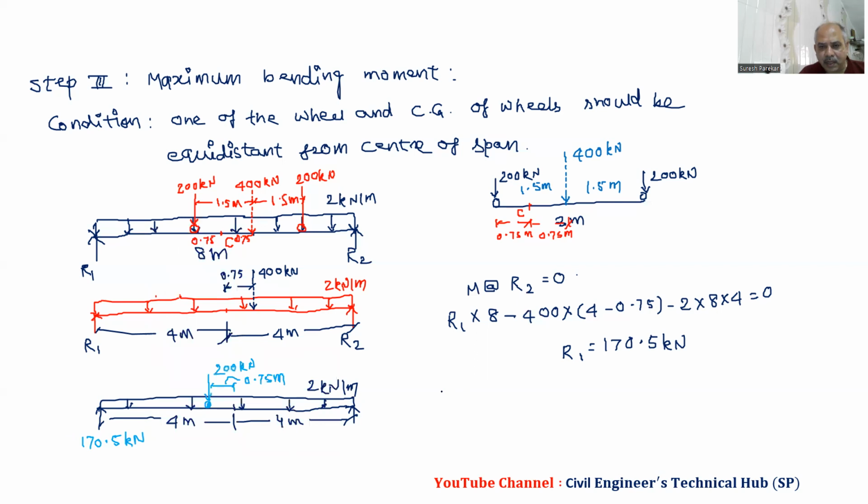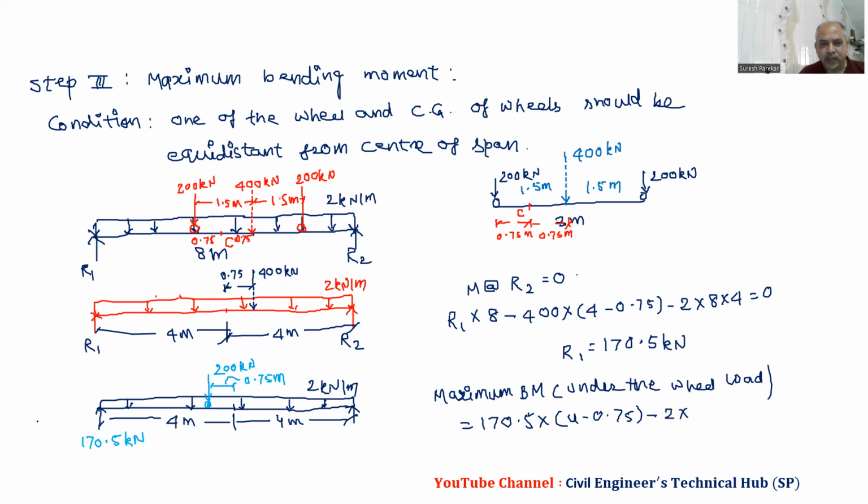And now we will find maximum bending moment. So we have maximum bending moment under the wheel load equal to 170.5 into 4 minus 0.75 minus 2 into, so this distance we have 4 minus 0.75 is 3.25, so minus 2 into 3.25 square by 2.